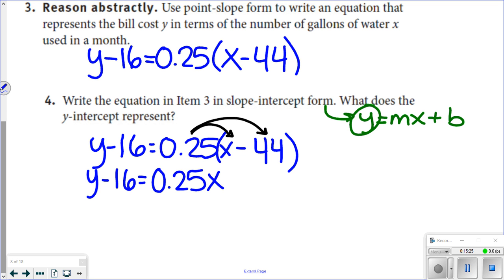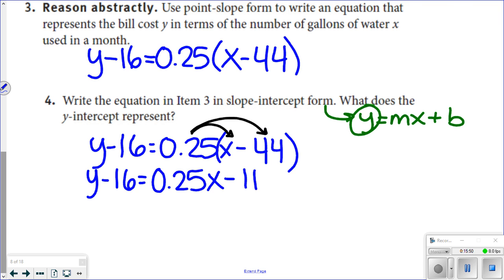Then you can use the calculator if you need it. 0.25 times negative 44. What's a quarter of negative 44? Hopefully you got negative 11.